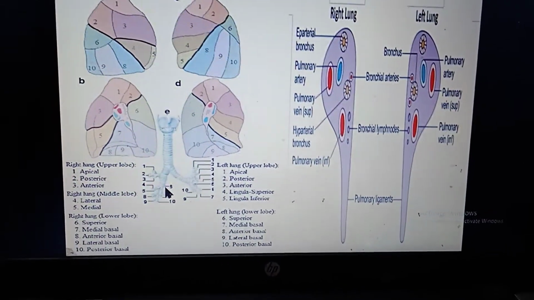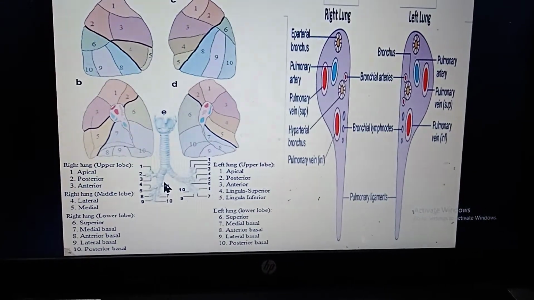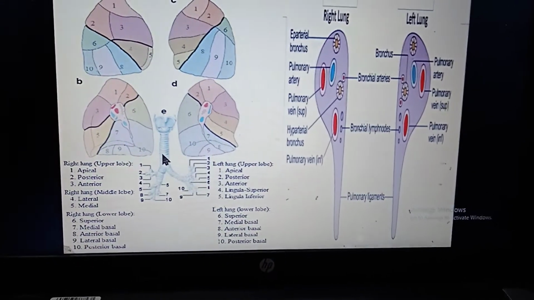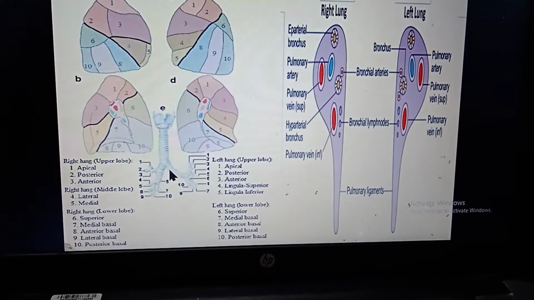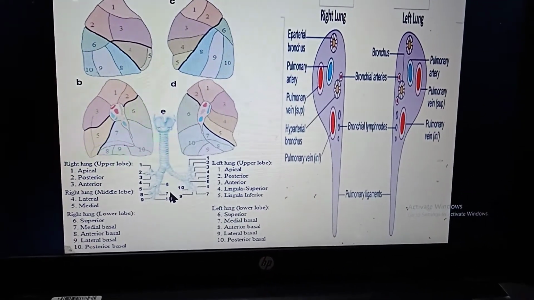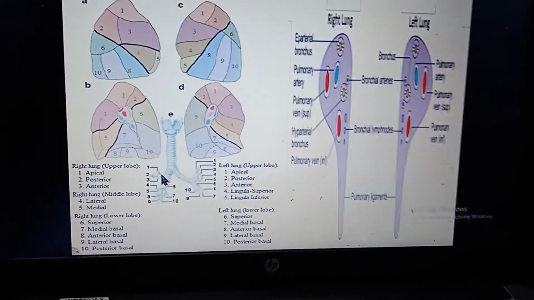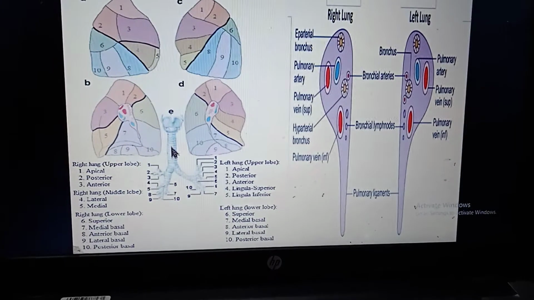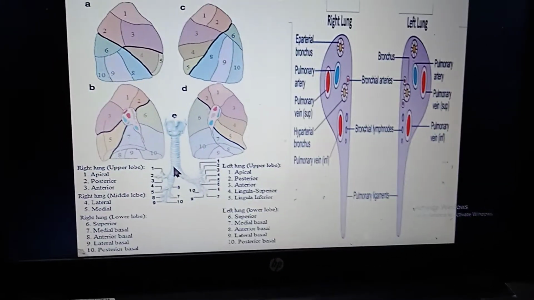And second thing, right bronchus makes an angle of 25 degree with the vertical axis, whereas left bronchus makes an angle of 45 degree with the vertical axis. So right bronchus is more in line with the trachea, so more prone for foreign body impaction.